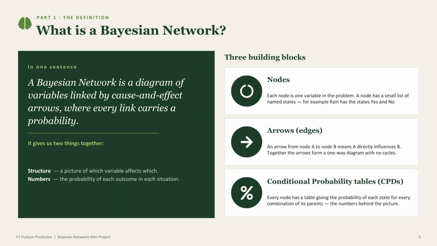The three main building blocks are the node, which is a variable in the problem, and the arrows or edges, which connect from, for example, node A to node B. It means that A directly influences B. And the last one is conditional probability tables, which are tables that have the probability of each state for every combination of its parents.